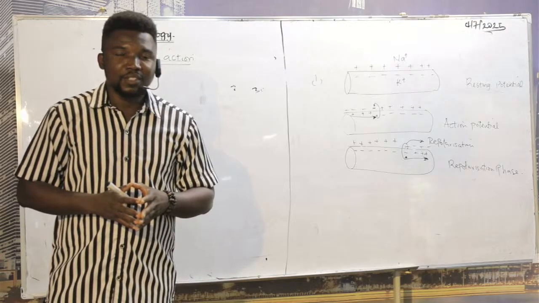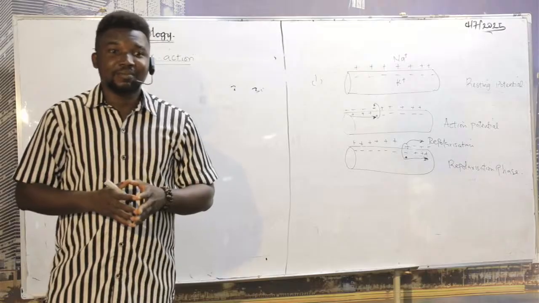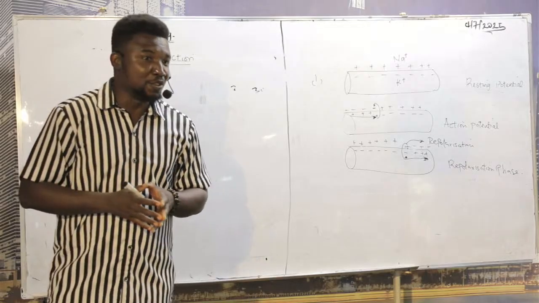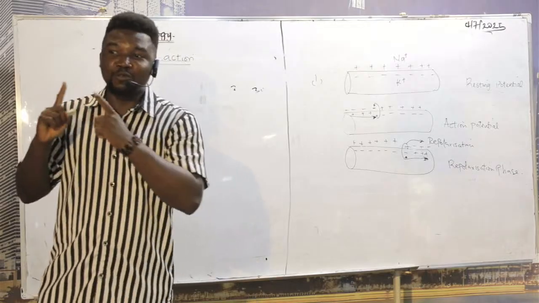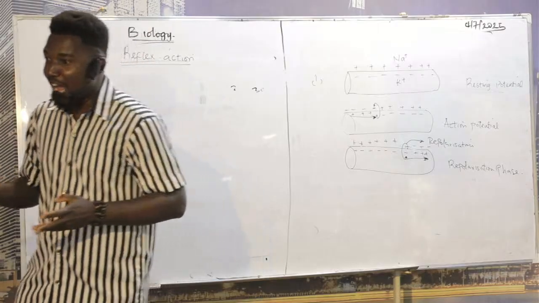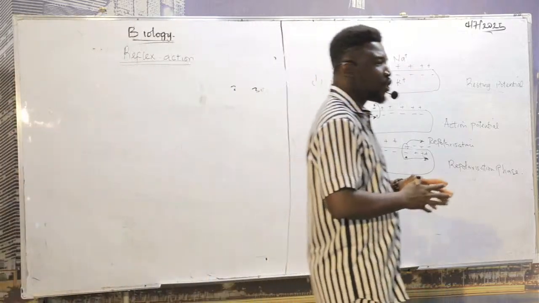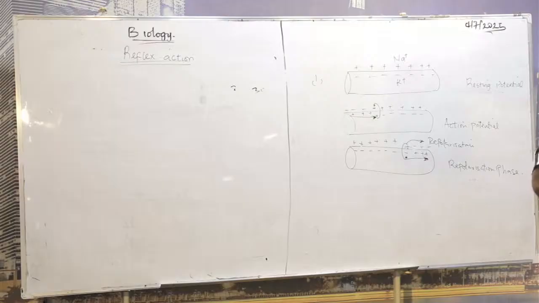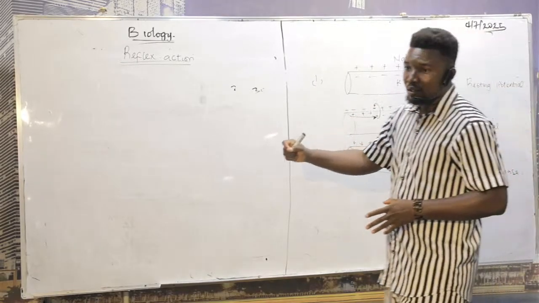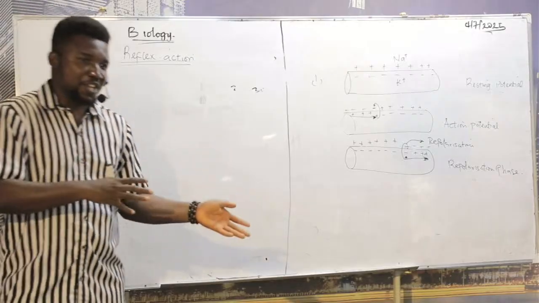Do you understand? Blinking is another one. You are blinking without knowing. But as I've informed you, your brain has interpreted it immediately, and it becomes a voluntary action. That's why I said a reflex action goes first to the spinal cord before going to the brain.